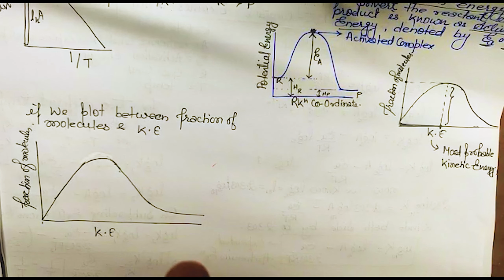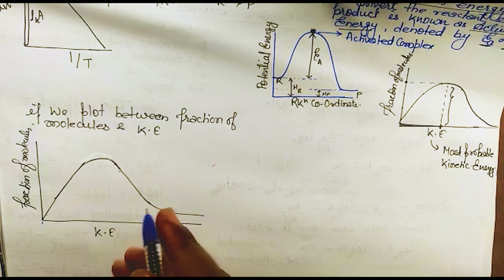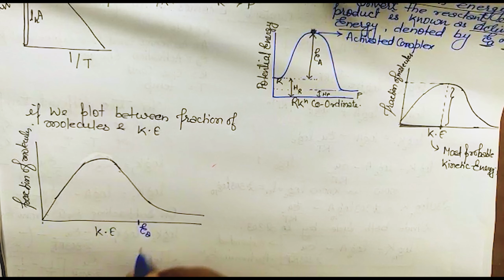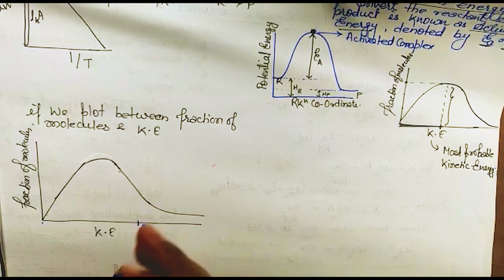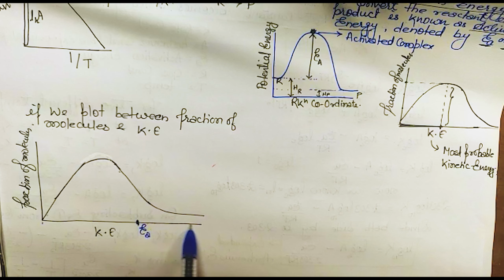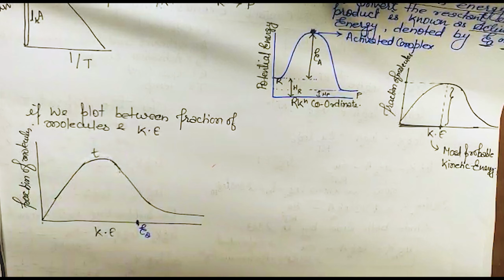Clear? So suppose that here I'm taking the point where this much energy is considered as the activation energy. All the molecules having this much energy or more will convert into the product. I have plotted a graph at T temperature.